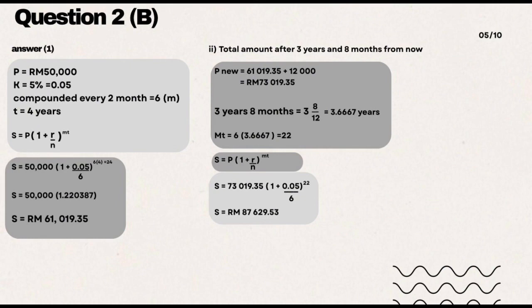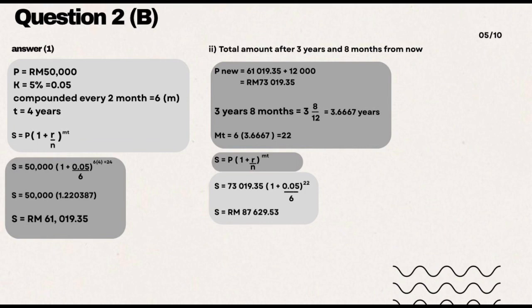We convert the time into years, so it becomes 3.6667 years. Since the interest is compounded 6 times per year, MT is equal to 6(3.6667) equals 22. Using the same compound interest formula, S equals 73,019.35(1 + 0.05/6)^22.